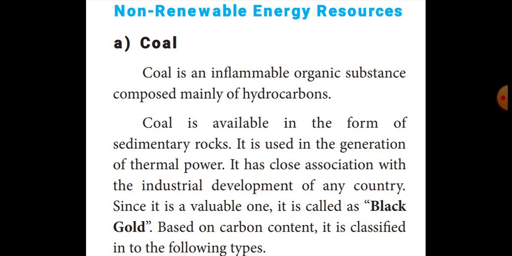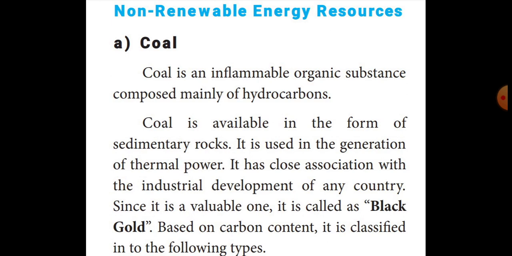Then, where is coal available? Coal is available in the form of sedimentary rocks. From sedimentary rocks, coal is produced. It is used in the generation of thermal power to produce electricity through thermal power stations.